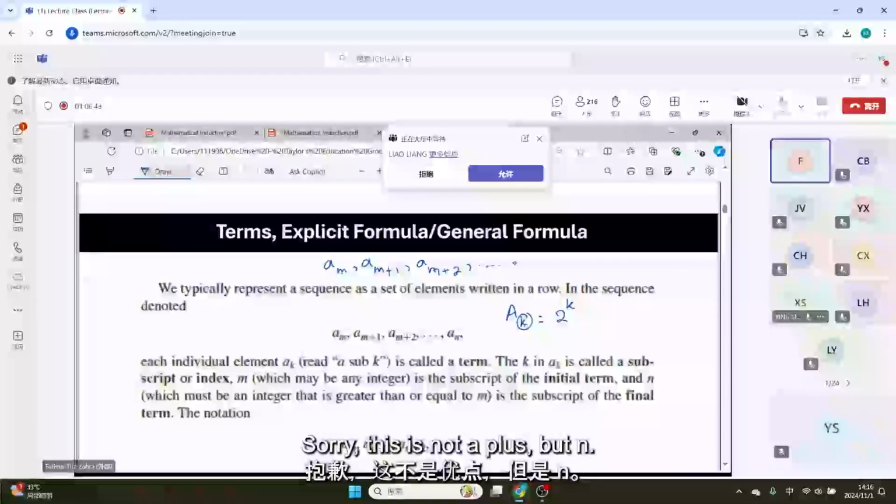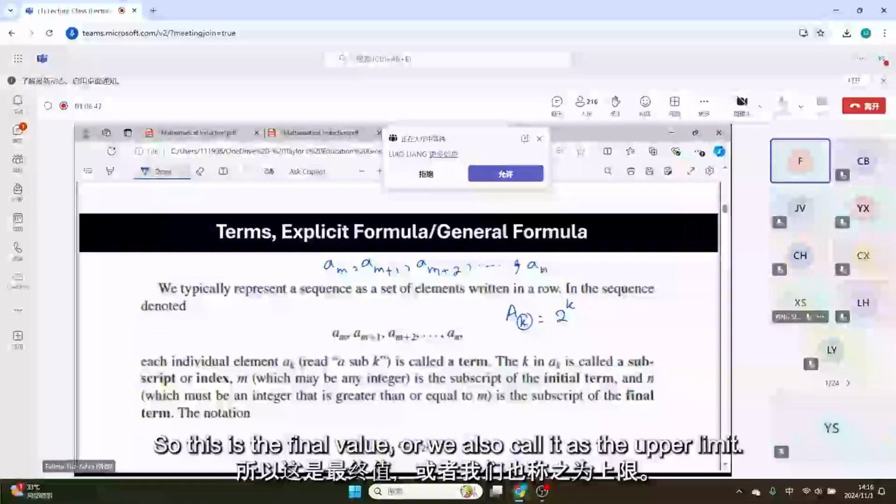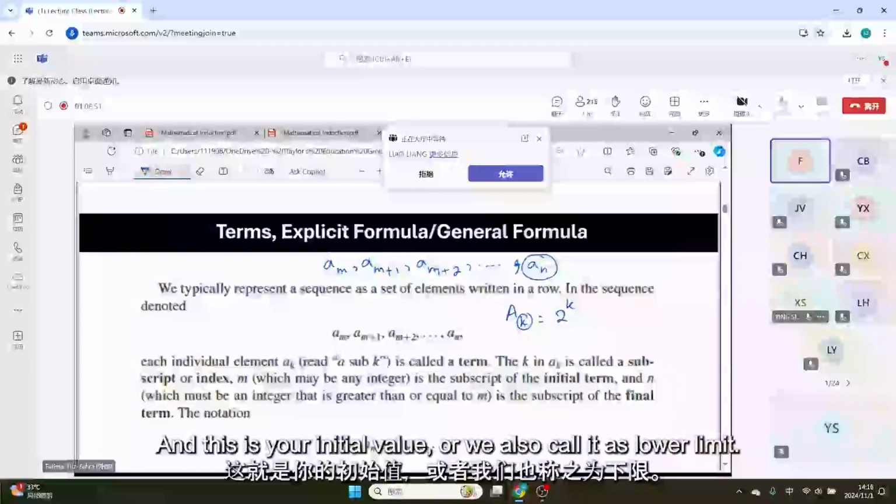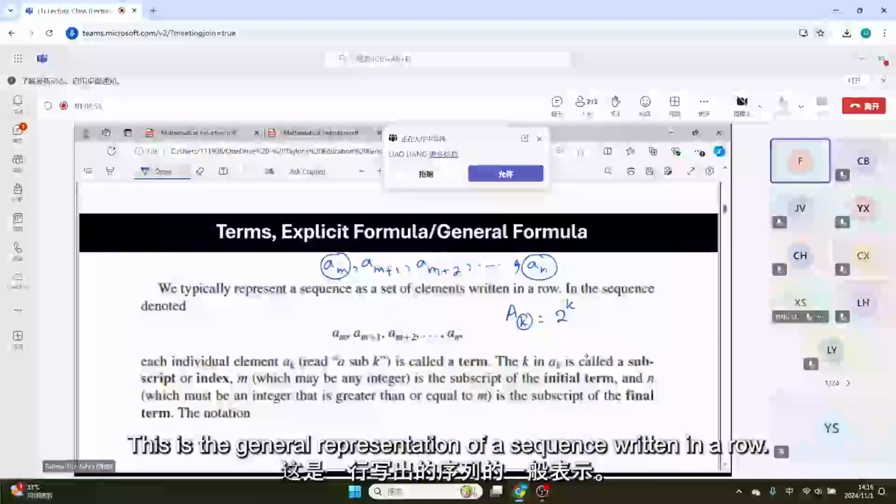Sorry, this is not plus, but n. So this is the final value, or we also call it the upper limit, and this is your initial value, or we also call it the lower limit. This is the general representation of a sequence, written in a row.